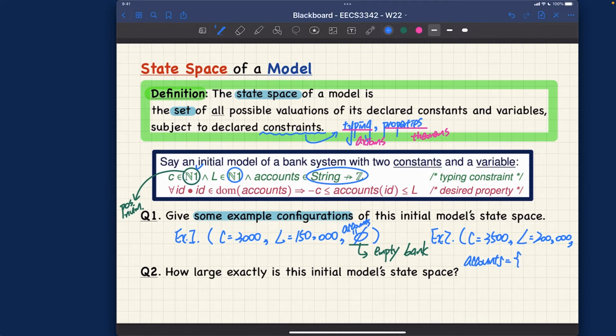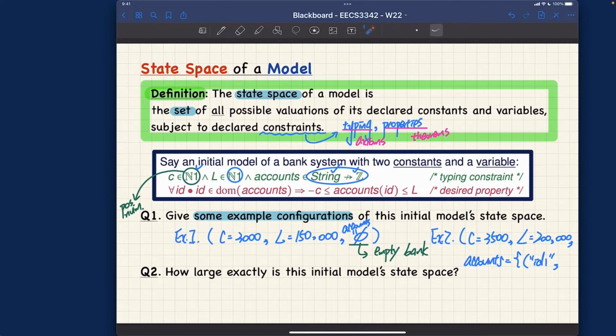Let me just give you a bank with only 2 accounts inside. So what about the ID? Well, just symbolically, let's say ID1. It can be any valid character sequence that will make a valid bank ID. ID1, that will be the domain value. And what about the integer value?